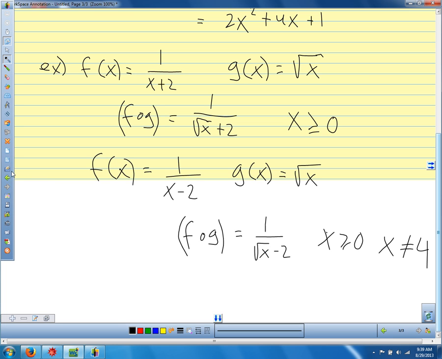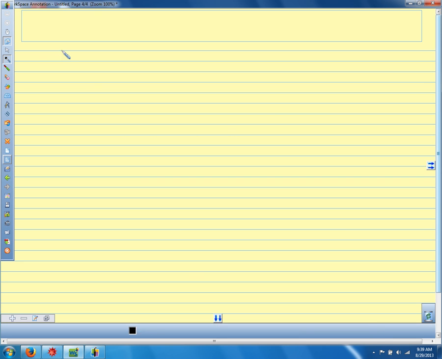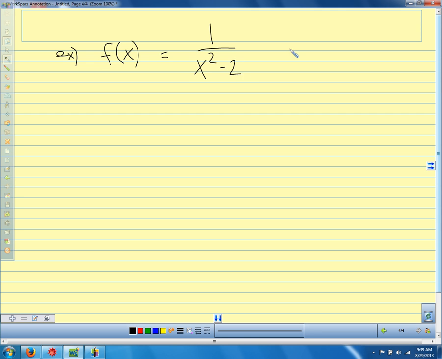Where it gets tricky is if we had something like, and I'm keeping it similar to our last example, f of x equals 1 over x squared minus 2 and g of x equals the square root of x.